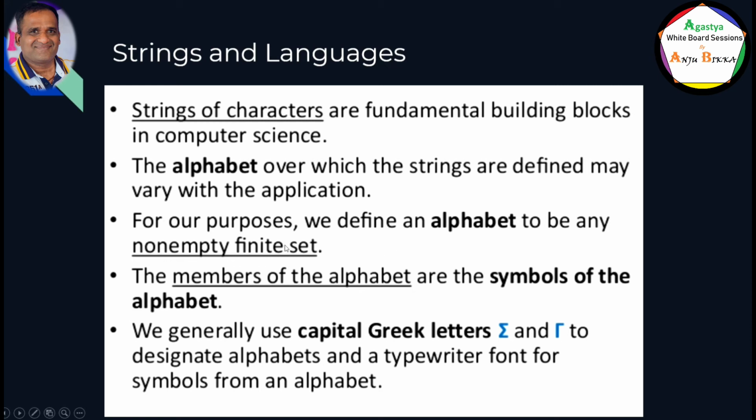An alphabet is a non-empty finite set, and the members of an alphabet are the symbols of the alphabet. So when you define an alphabet, the members in that alphabet are nothing but the symbols of the alphabet. We use the Greek symbol sigma to denote an alphabet.